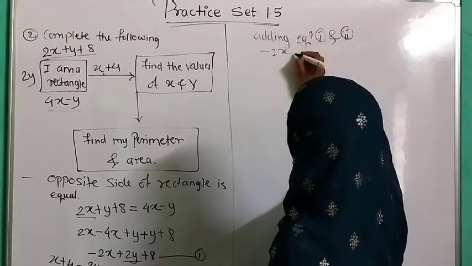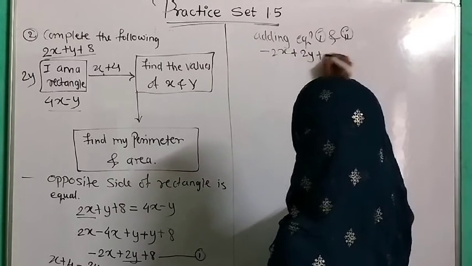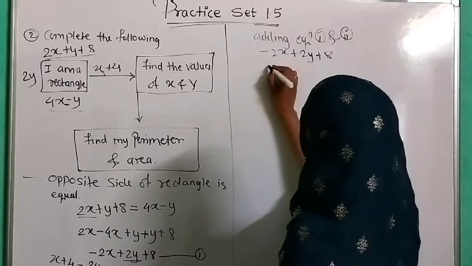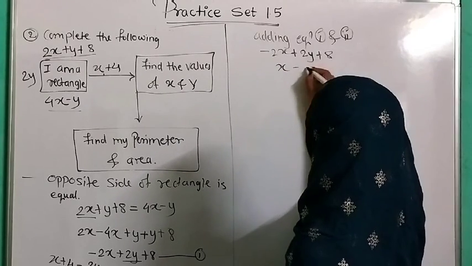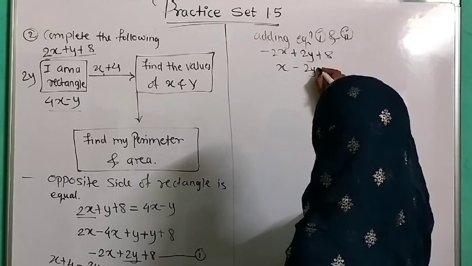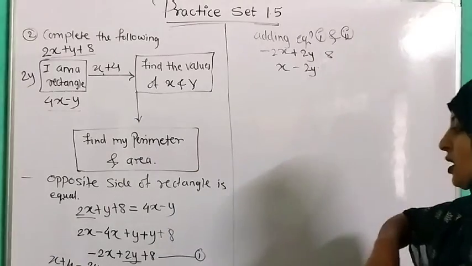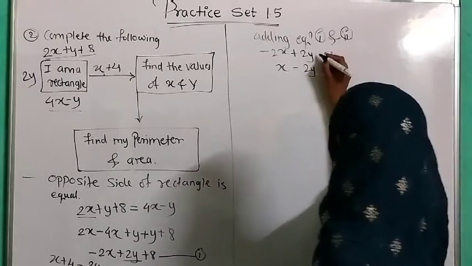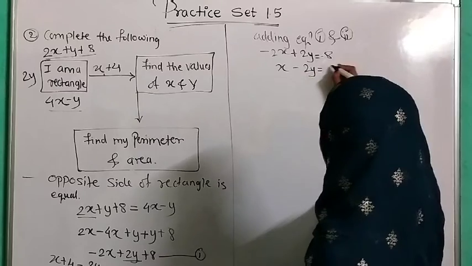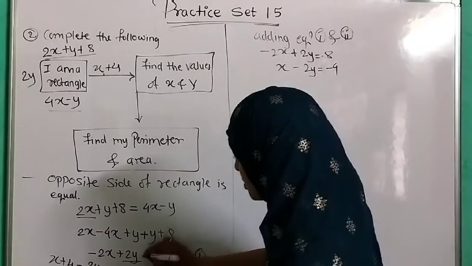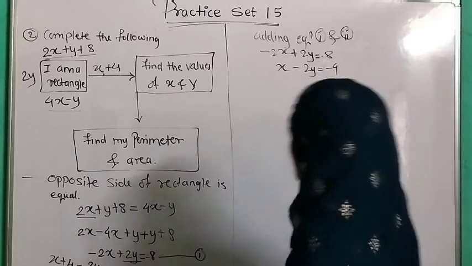Minus 2x plus 2y plus 8 and x minus 2y is equal to minus 8. Minus 4. Here we are going to write is equal to minus 8.